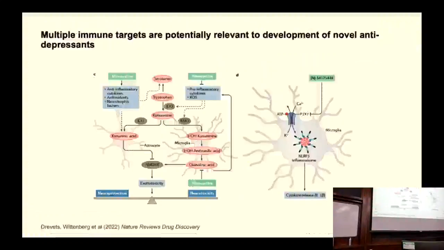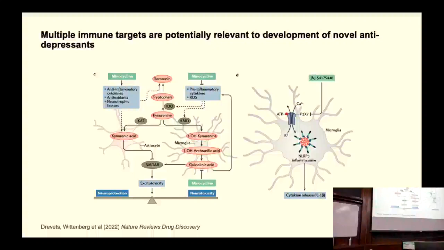So these considerations have stimulated quite a lot of interest in the idea that we might more deliberately and purposefully seek to treat depression using anti-inflammatory or more generally immune-modulating drugs.